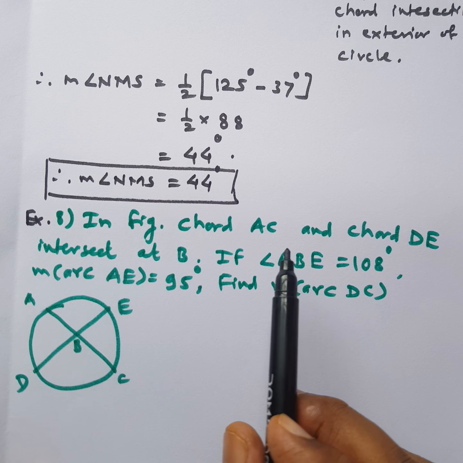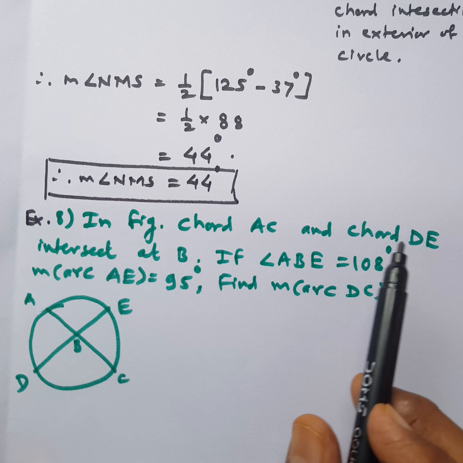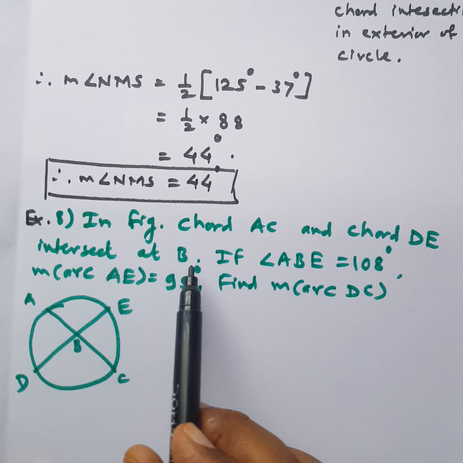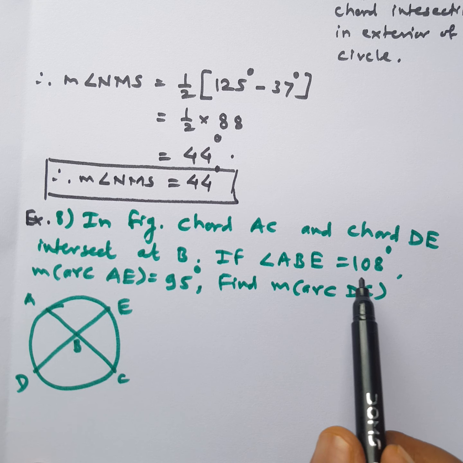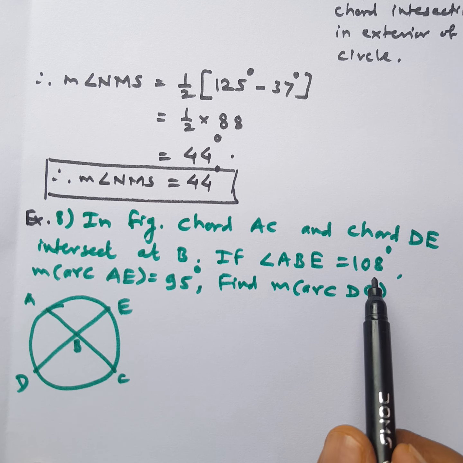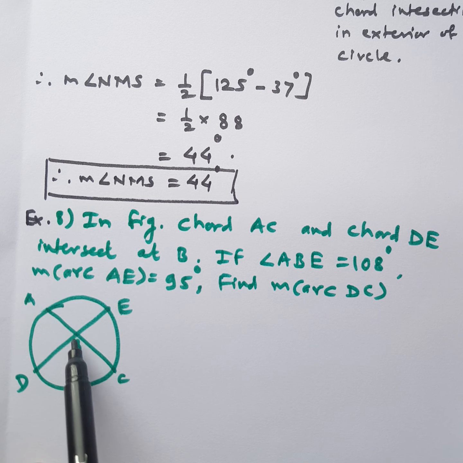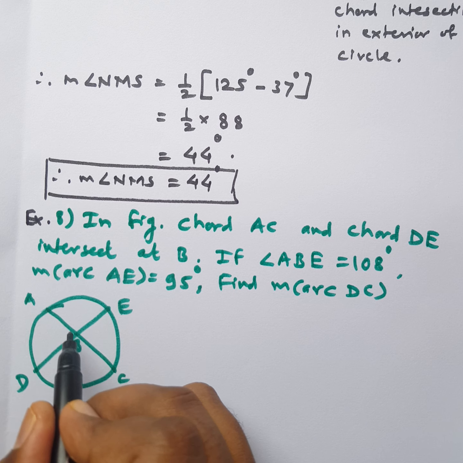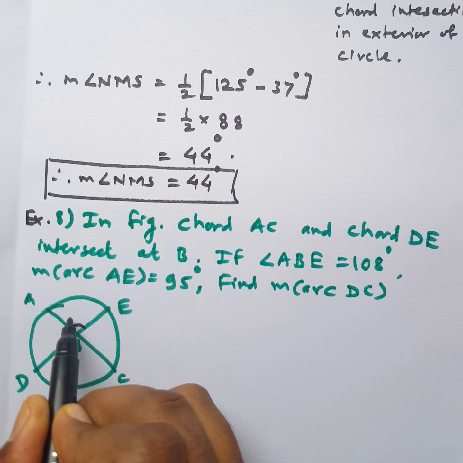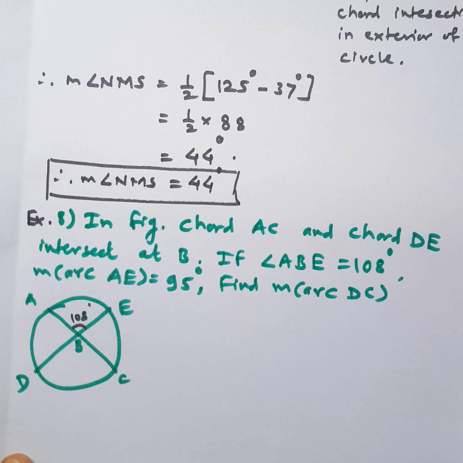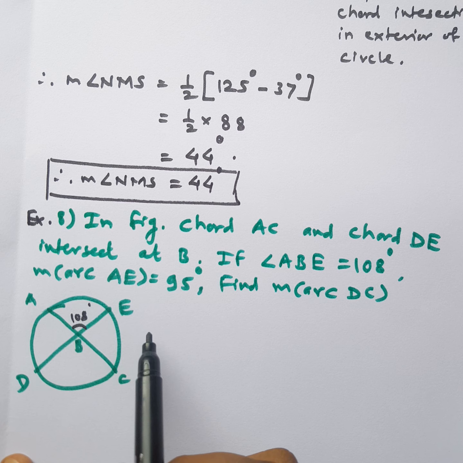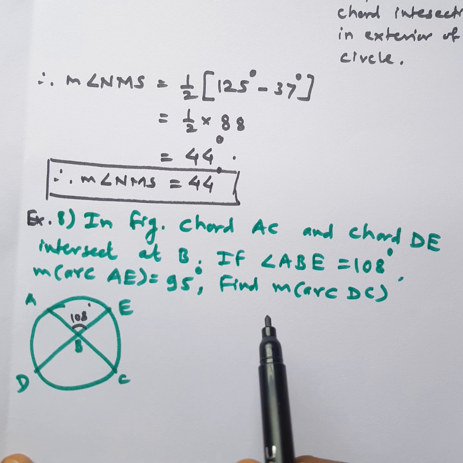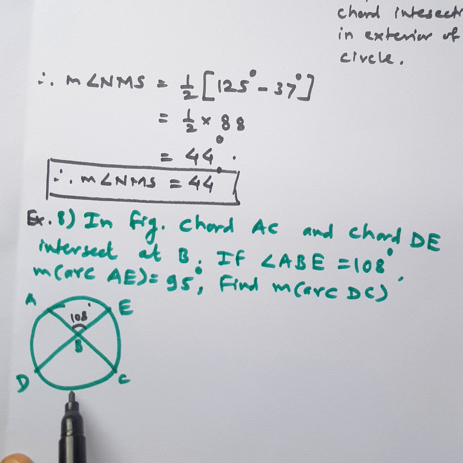In the figure, chord AC and chord DE intersect at B. Angle ABE is given as 108 degrees, arc AE is 95 degrees. Find the measure of arc DC.